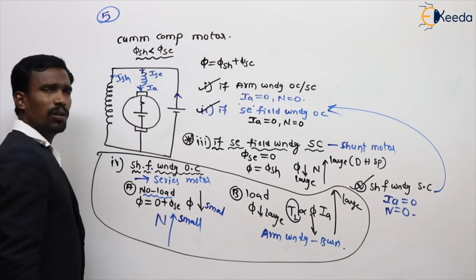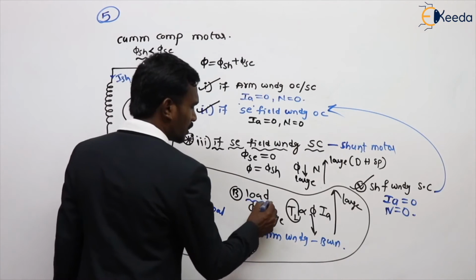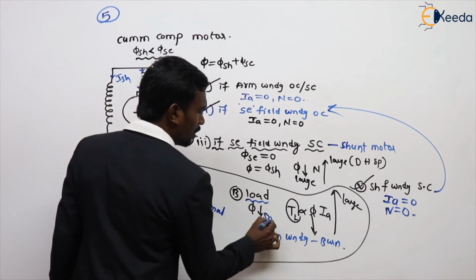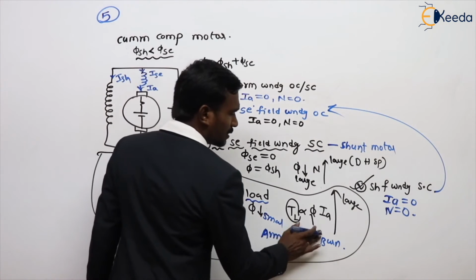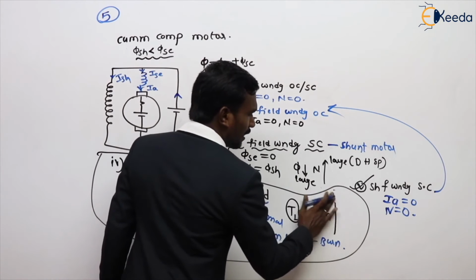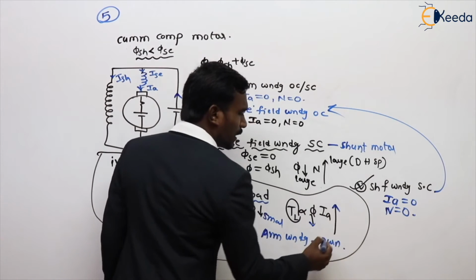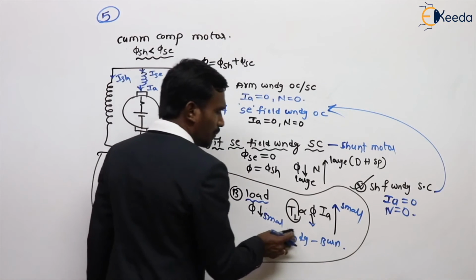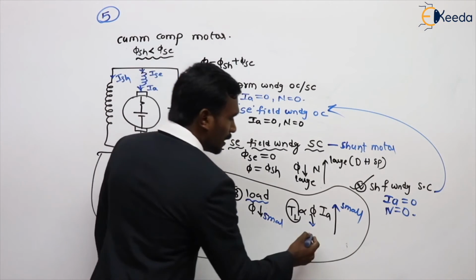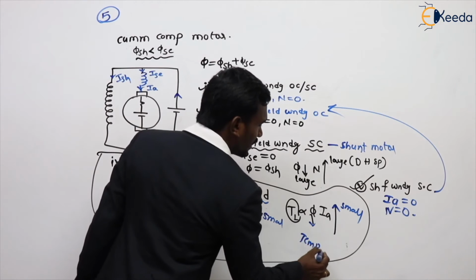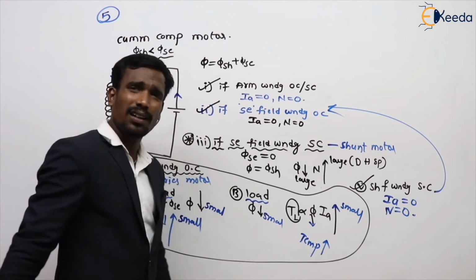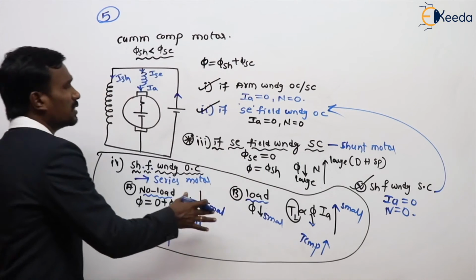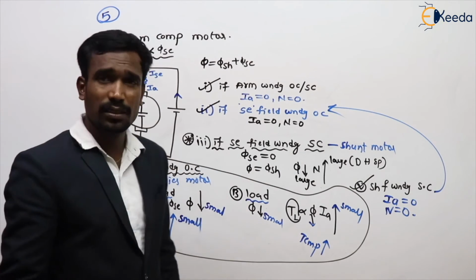Under loaded condition, the flux reduction is small, so the armature current also increases to a small extent. Here the armature winding doesn't burn, but it may lead to some increase in temperature. The temperature just increases, that's it.